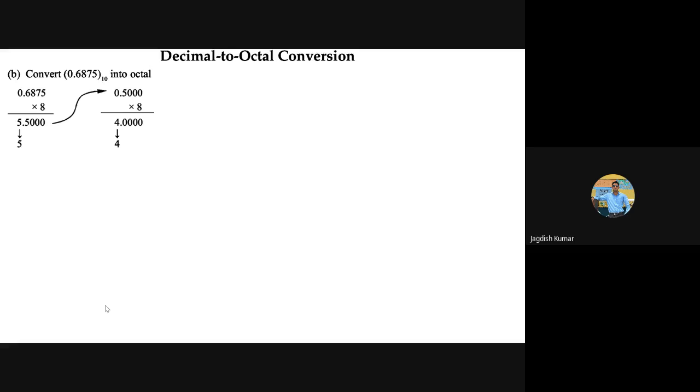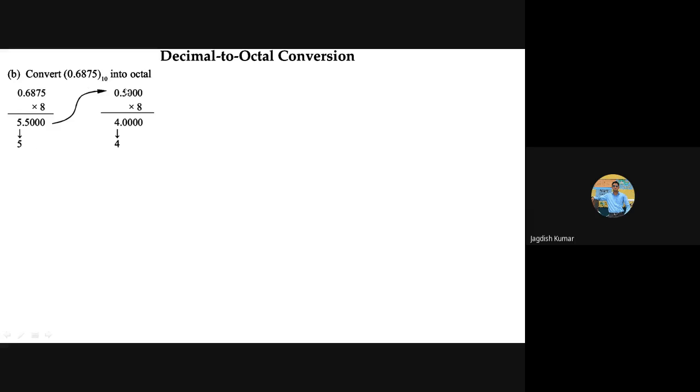For the fractional part, the rule is you multiply with the base. So the base here is 8. You multiply it, and what you find here is 5.5. The number before the radix point will be the corresponding digit appearing in the answer.